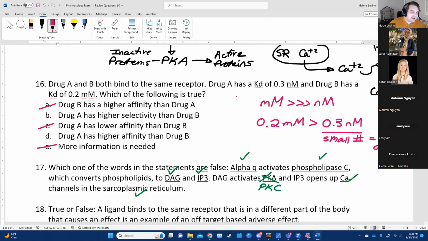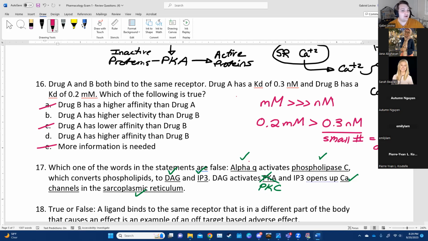Can we say that drug A has a higher selectivity than drug B? No. How come? Because isn't KD a measure of affinity rather than selectivity? You can measure selectivity with KD. Oh, okay then. The difference with selectivity is that we don't have two receptors to compare with, right?